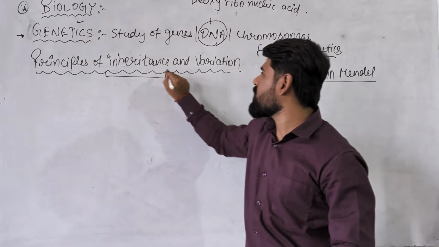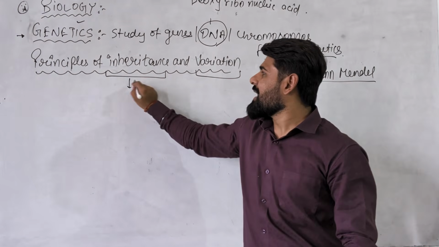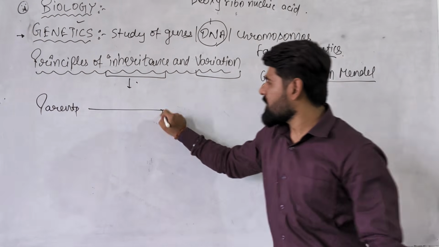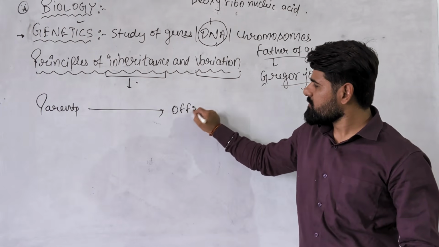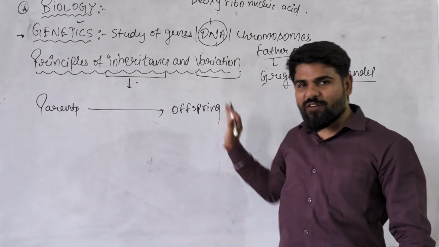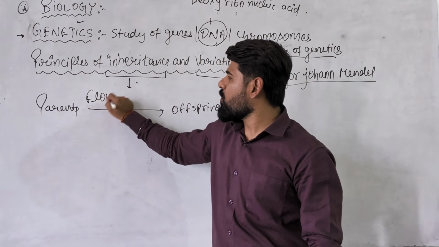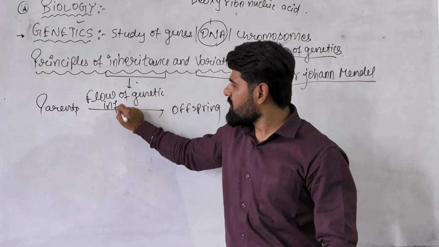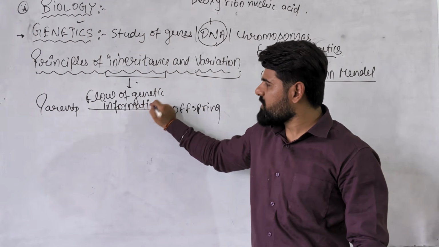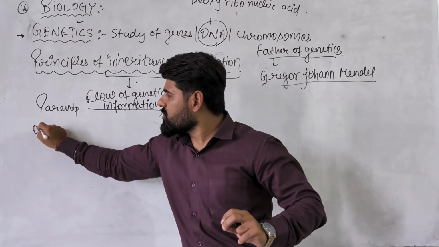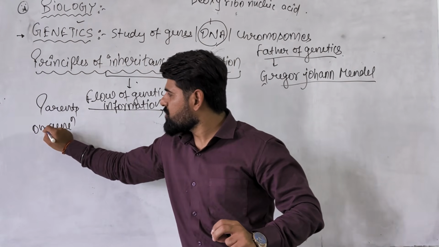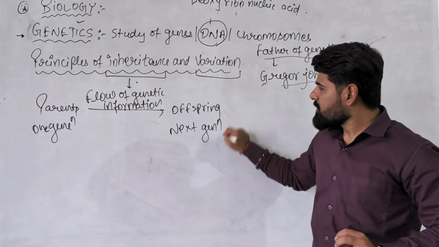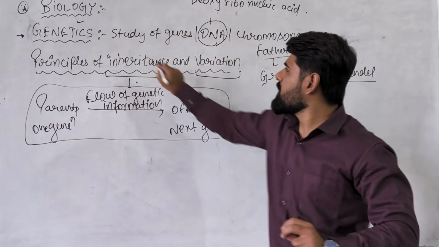So there are two terms here: one is inheritance and one is variation. Inheritance means what? Here it is written parents, and from parents to offspring there is a flow of genetic information. When genetic information flows from one generation to the next generation, this process is considered inheritance.